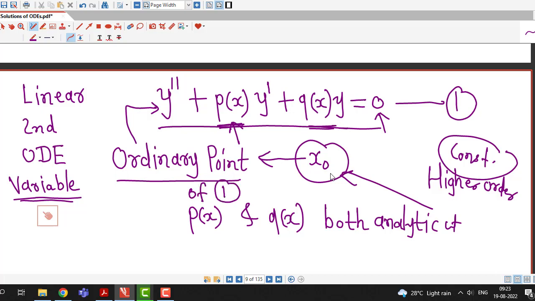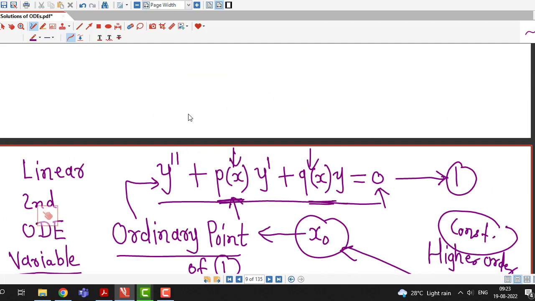Before using this definition, make sure that you write your differential equation in this form.